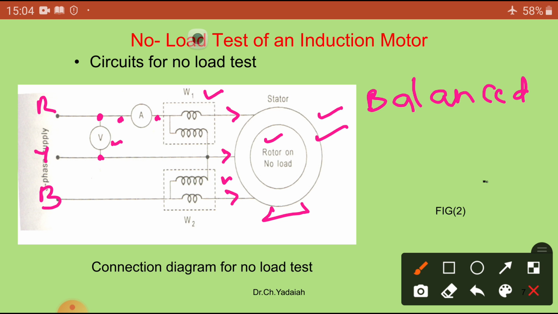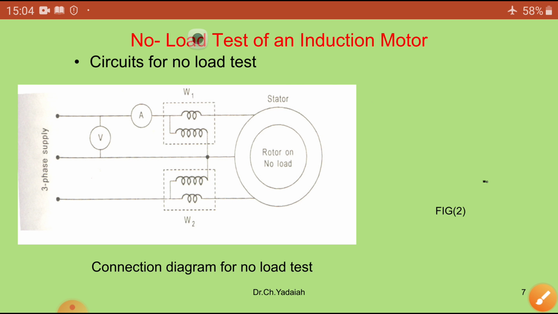Okay, this is the connection diagram, dear students. You are going to do this test in our laboratory compulsorily, so everyone has to learn. We will see it clearly with the diagrams. Let us see.